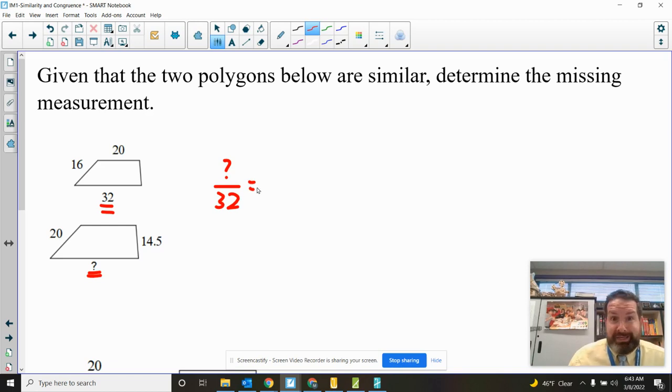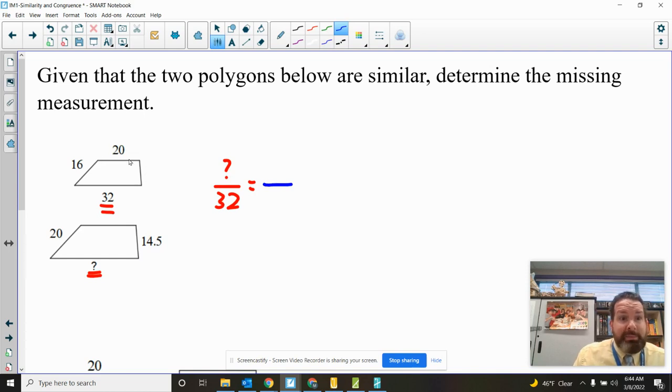The next thing you need to do is to now find another set of corresponding sides that you have measurements for. So for example, if I look here, I've got the right side measurement on this bottom shape, but I don't have the right side measurement on the top shape, so that's not helpful because I'm looking to be able to set up another fraction over here.